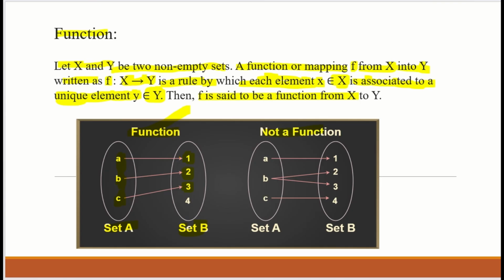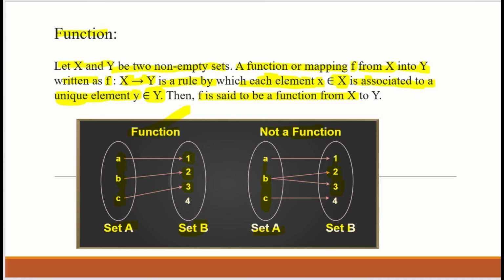But look at here. Every element of set A is associated with set B, but it is not unique. B is associated with 2 and 3. Therefore, this is not a function from set A to B. Okay, understood what is a function and what is not a function?